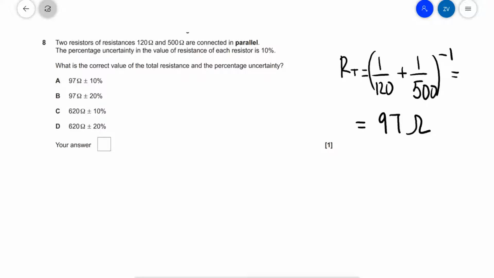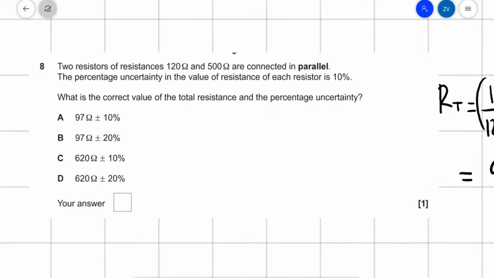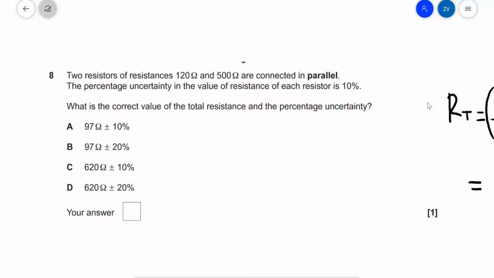Now, what does the percentage uncertainty actually mean? The very fact that there is a 10% uncertainty in each of those cases means that the maximum possible value for this resistance is going to be 120 plus 10%. So 120 plus 10%, which is 120 plus 12, which is 132 ohms.